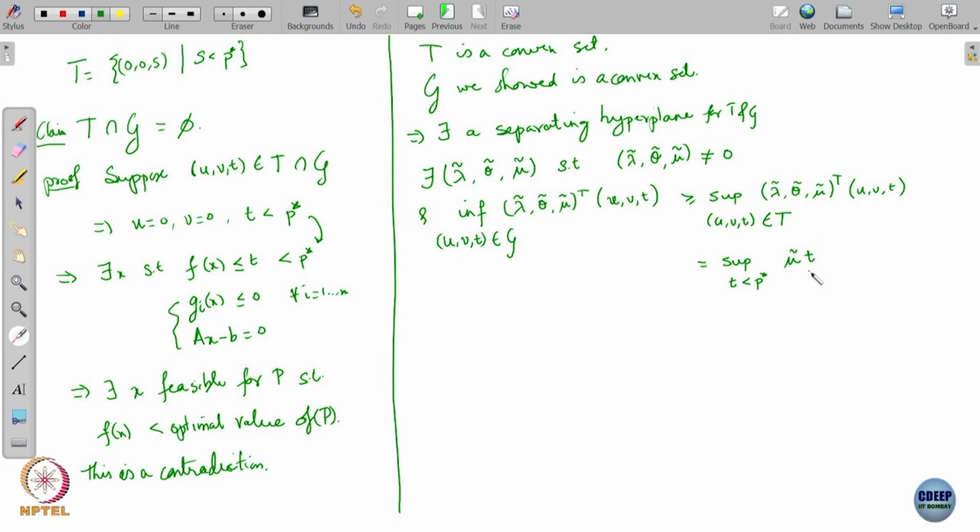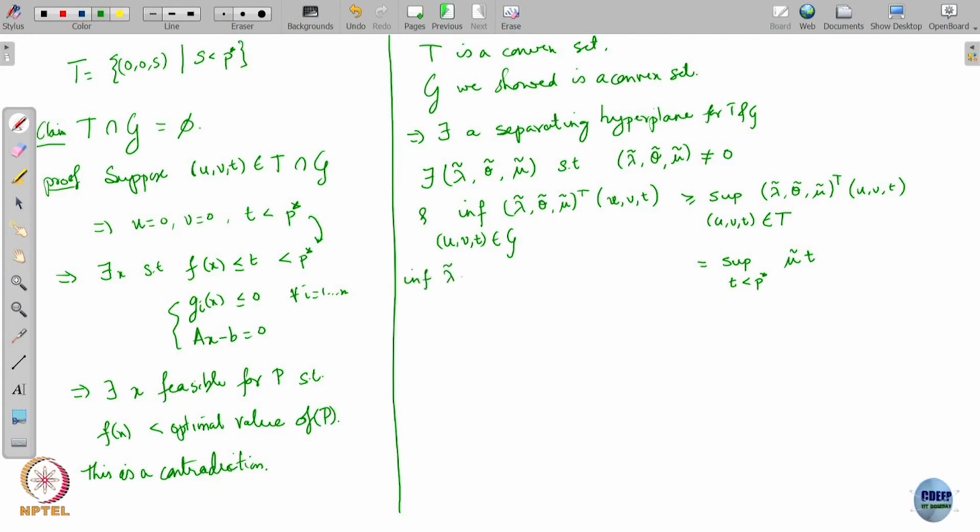So, let us first look at what is on the left. What is there on the left? Well, this whole thing I can spread out and write in a little more explicit form.